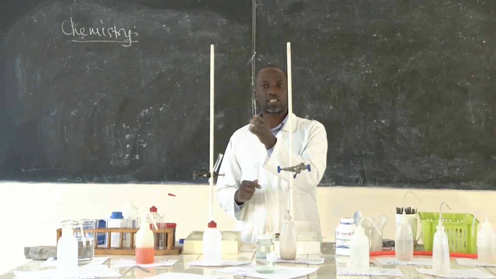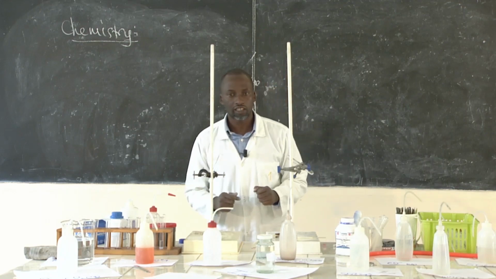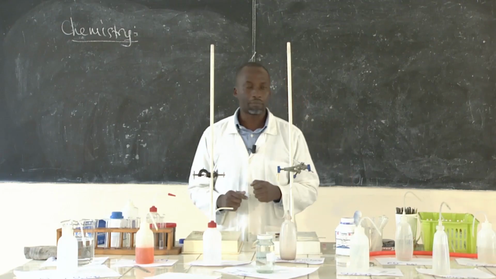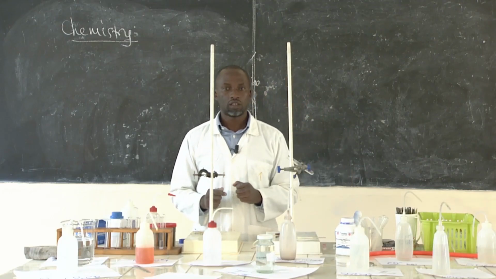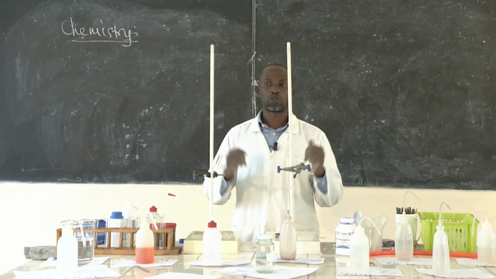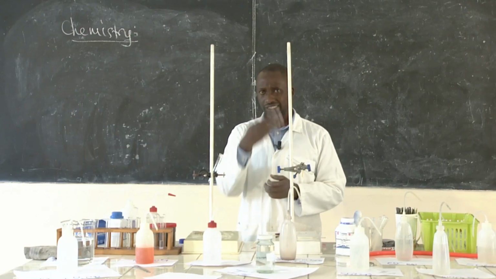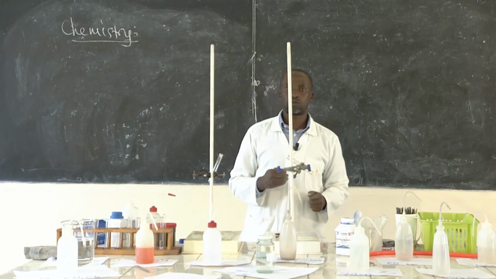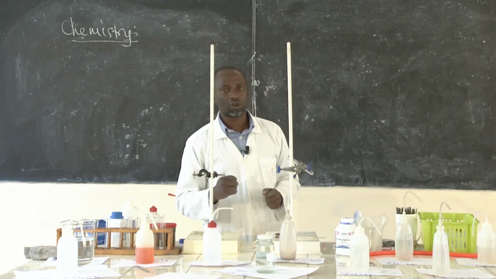We also tested for sulfur dioxide, and we used potassium permanganate solution. Potassium permanganate is a purple solution, so it turned to colorless. If you are observant, you could have seen that one.